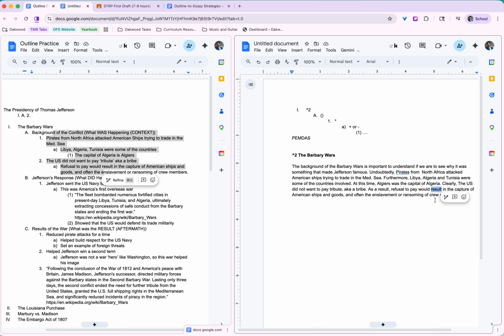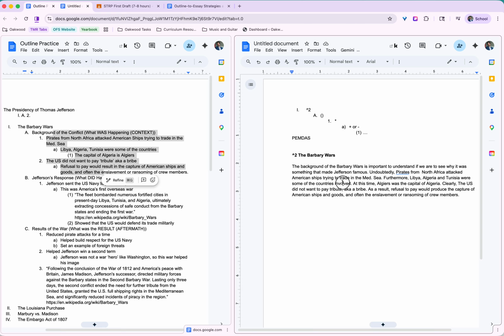That's repetitive. So what's another word for result that we could use here? We could be colloquial and say end up. We could also say something like would cause or produce the capture of American ships and goods, and often the enslavement and the ransoming of the crew. Great. Okay.